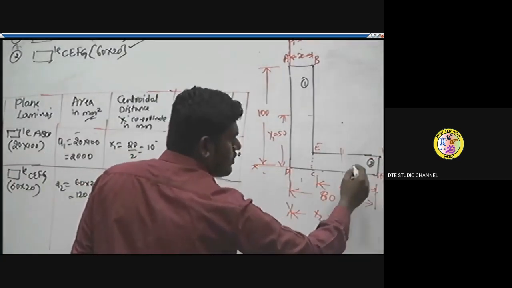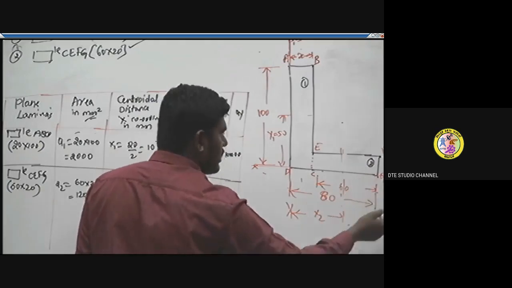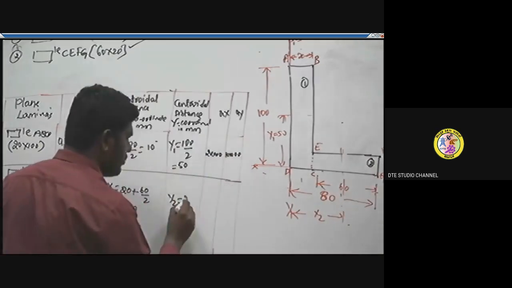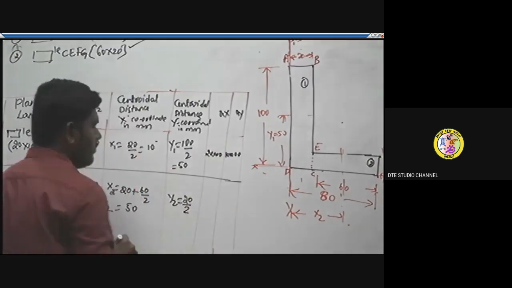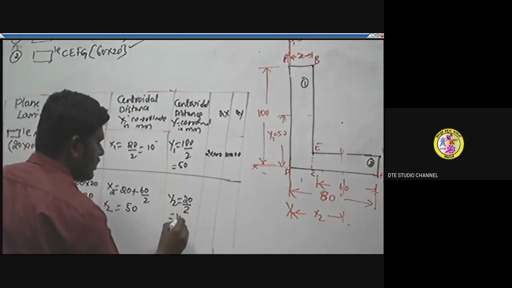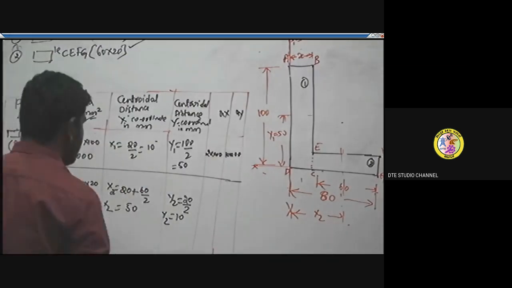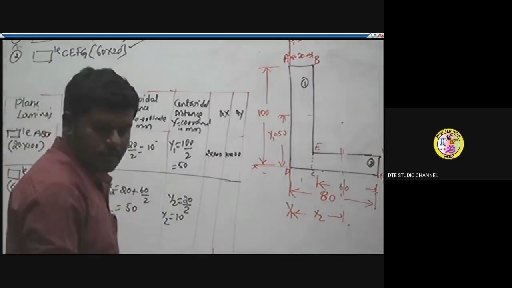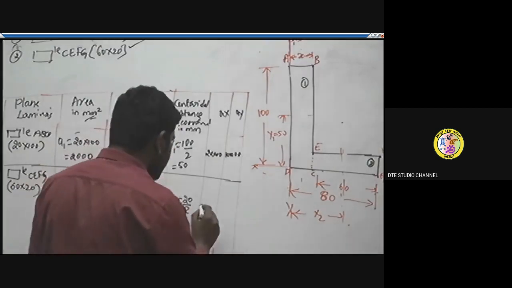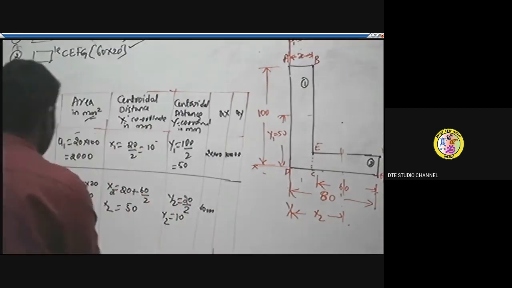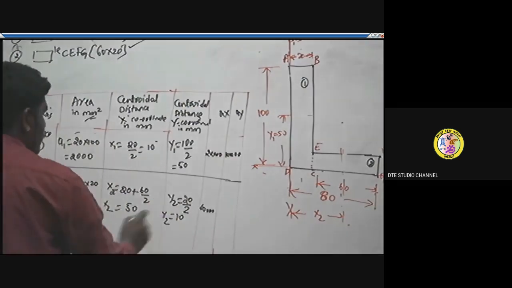So the location of the centroidal distance for rectangles, as per geometrical considerations, is half of its breadth, that is 20 by 2. Based on that, we got y2 as 10. Now multiply A2 into X2, that is 1200 into 50, so 60,000.